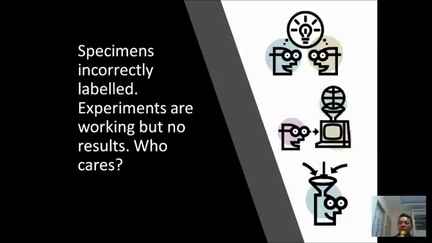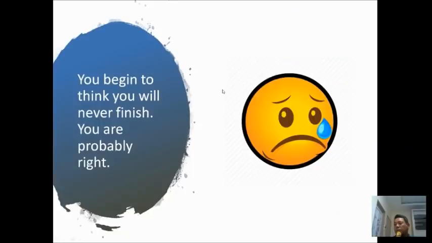Sometimes the specimens are incorrectly labeled. Okay, while you're doing your FYP, you incorrectly label your specimen, and then the experiment is working but there are no results. Okay, you construct everything, you already design your experiment, and it is working, but the result is not promising, or the result is incorrect. Still nobody actually cares. Let's see, you begin to think you will never finish.